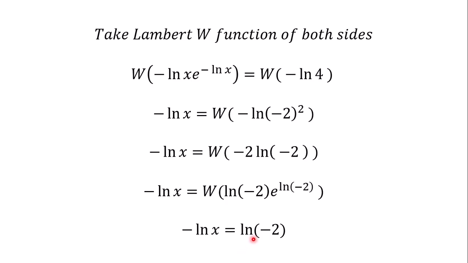Remember, when we bring a negative sign here, this original natural log is positive, it's not negative. But when we make it negative, without doing anything to this one, it won't work out for us. So what you're going to do here is that you're just going to make the natural log negative, and also make minus 2 negative.